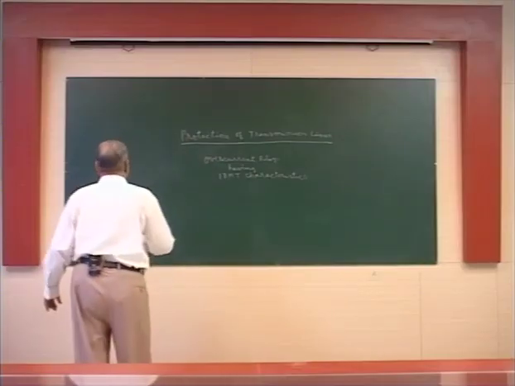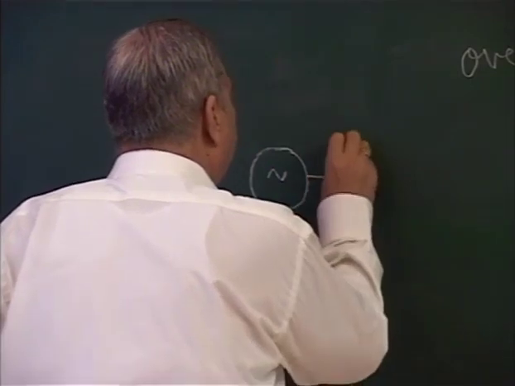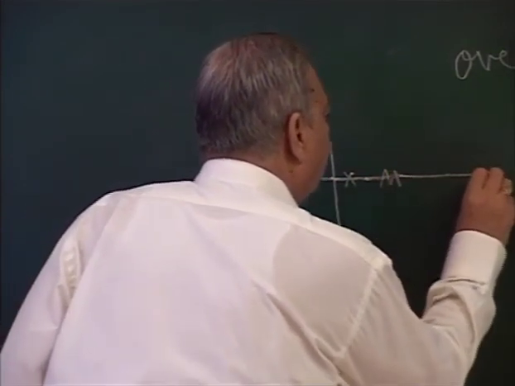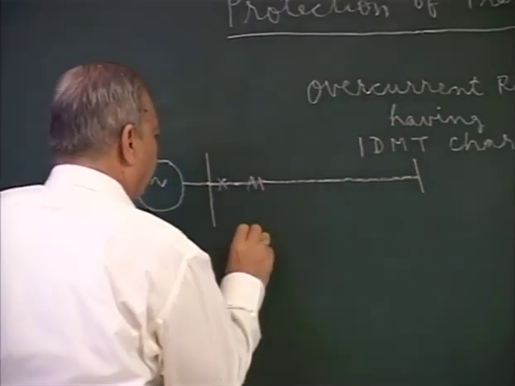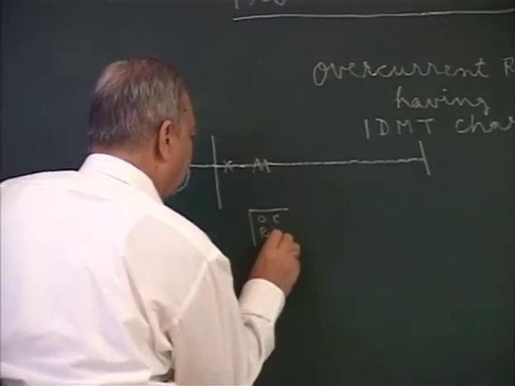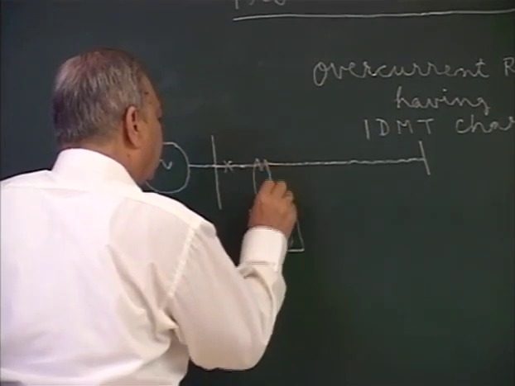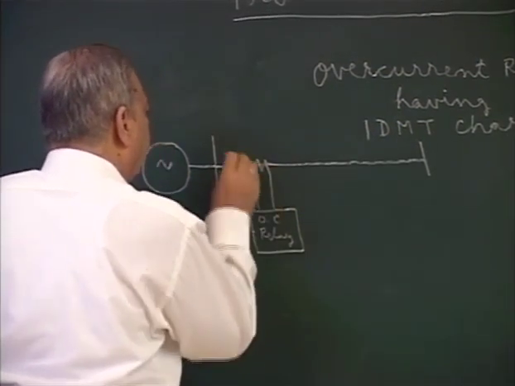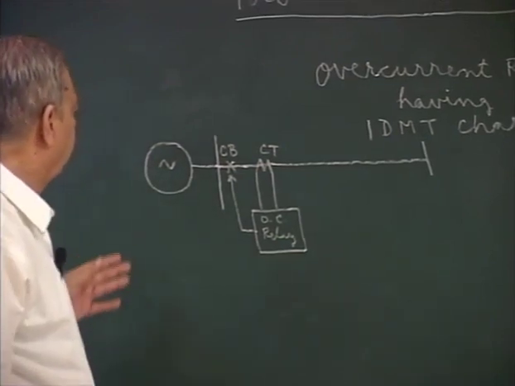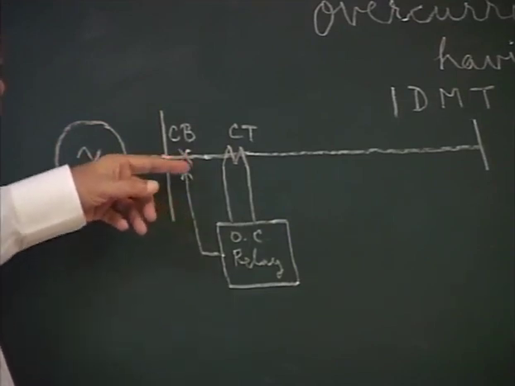If we take a source, so this is a source directly connected to the bus, and here this is a circuit breaker used for opening the line.